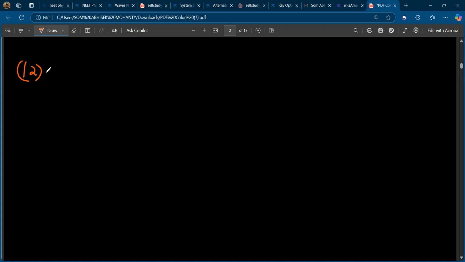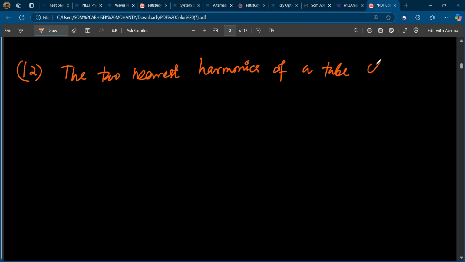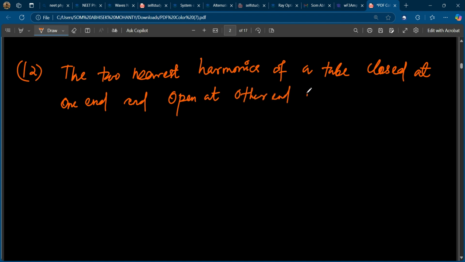Question number 12. The two nearest harmonics of a tube closed at one end and open at other end are 220 hertz and 260 hertz.